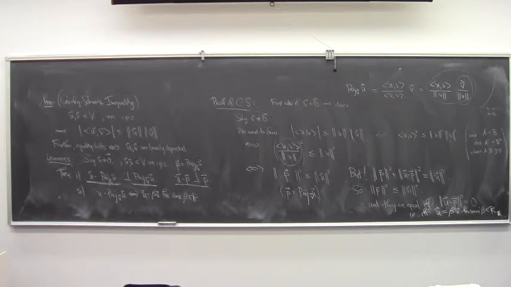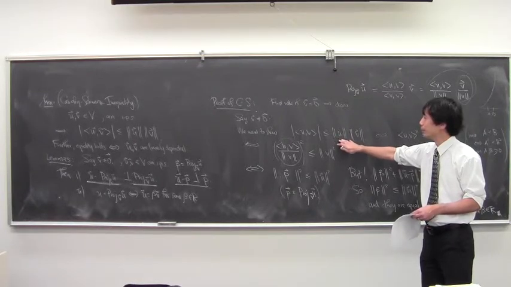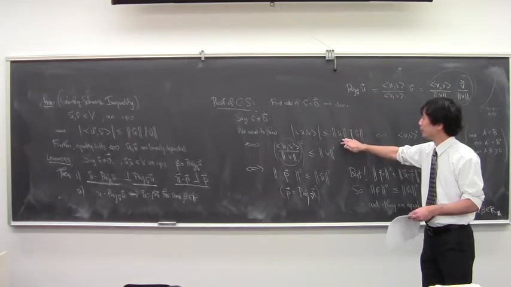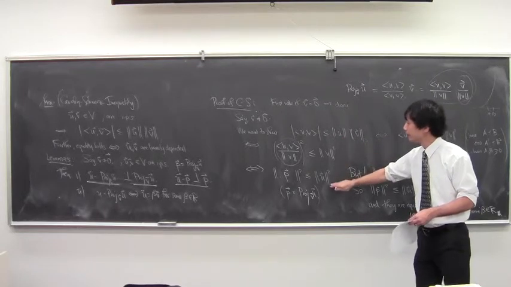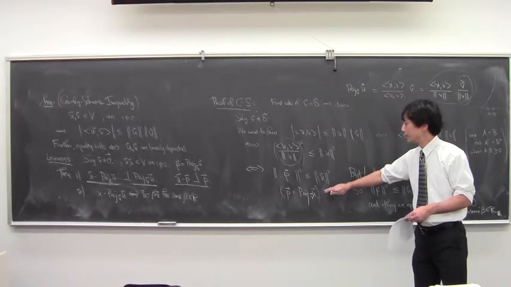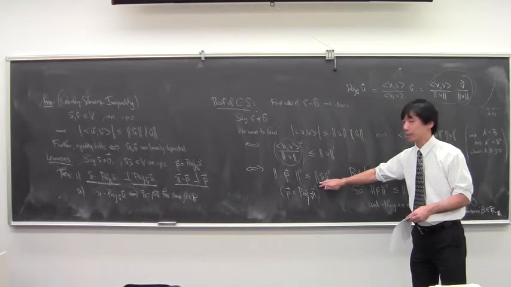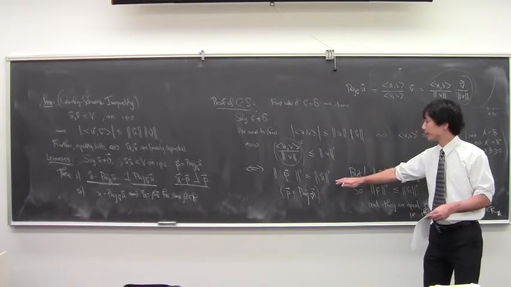So this is how the proof of the Cauchy-Schwartz theorem goes. It's basically just realizing that what the Cauchy-Schwartz theorem says is something about projections. You might have noticed it before. But what it's really saying is that the size of the projection of u onto v is smaller than or equal to the size of u.